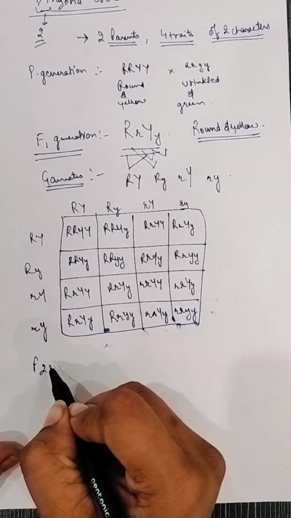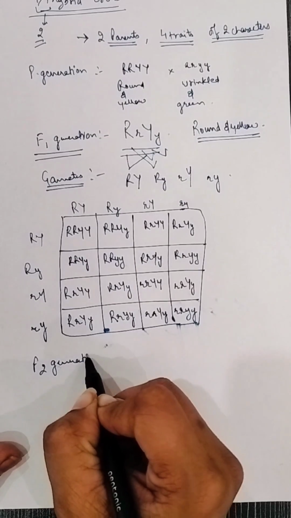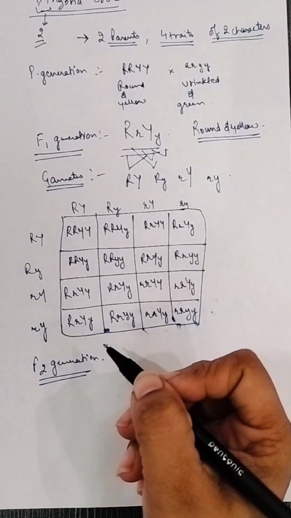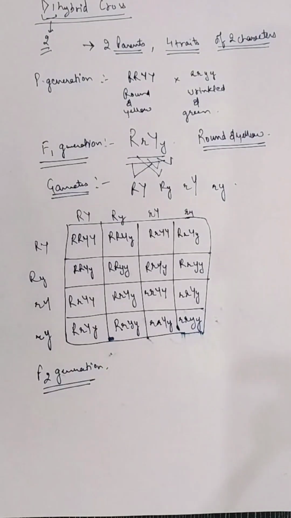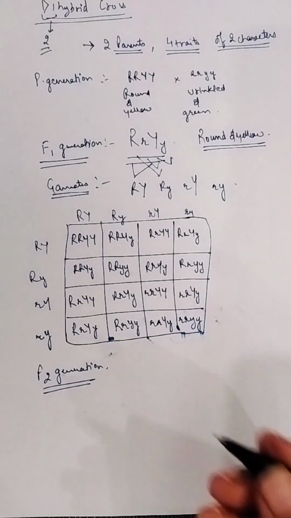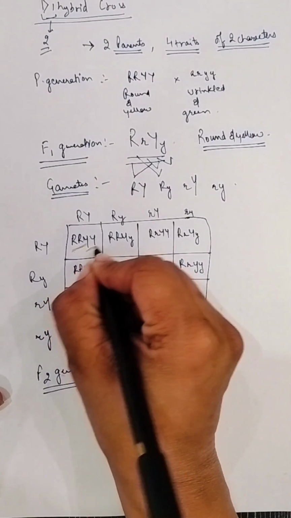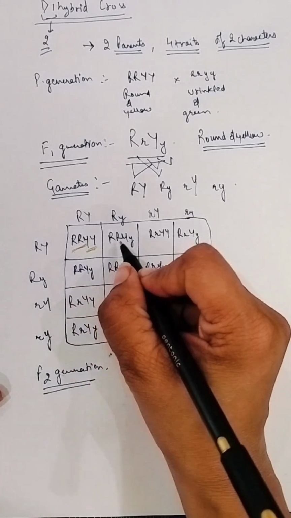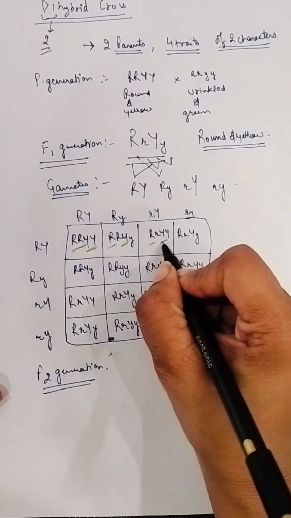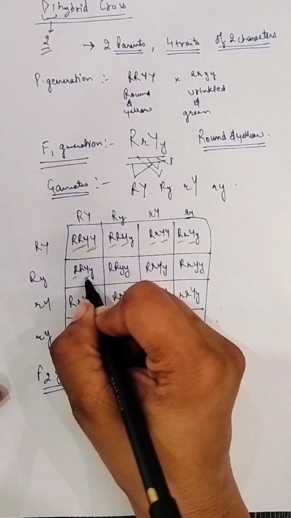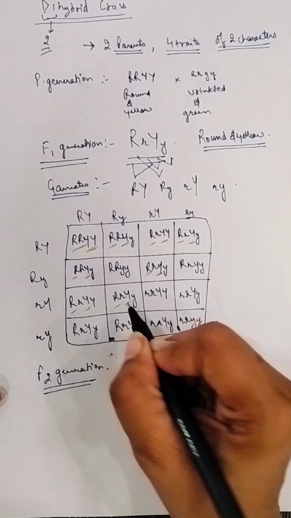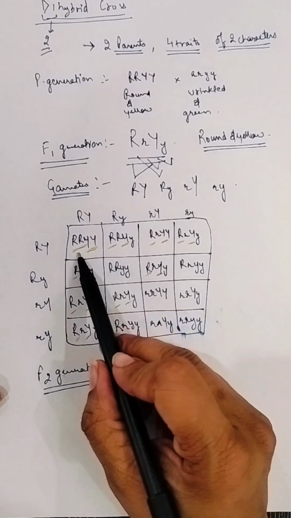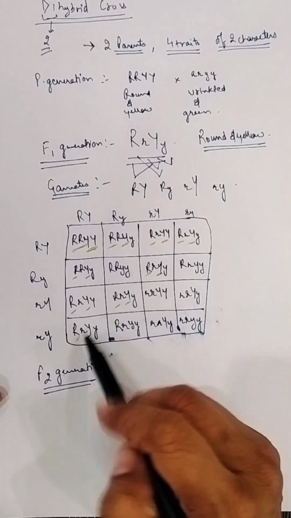Now when it comes to F2 generation, then we have to count what type of individuals will be round and yellow. So the ones which are having single R or double R will be round and yellow, and the dominant one. So 1 2 3 4 5 6 7 8 9.